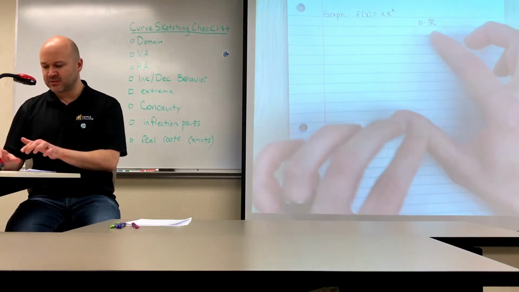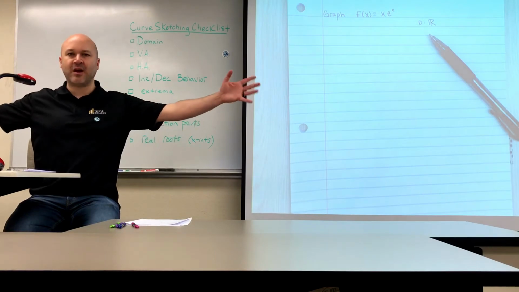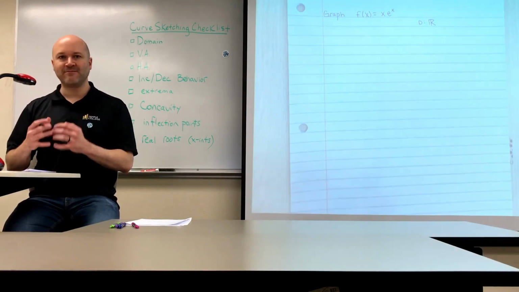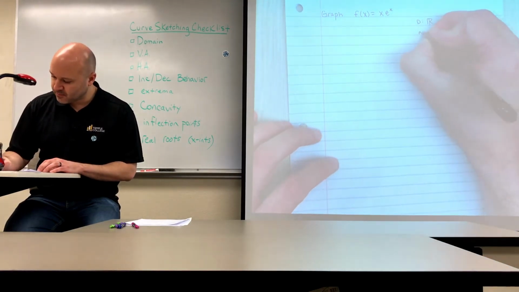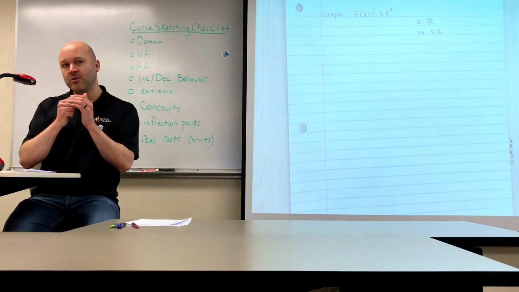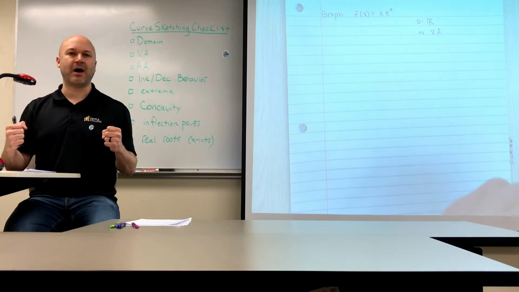But this function has no domain restrictions, and it's going to stretch left and right forever. So I can already tell there's no vertical asymptotes, because there's no domain restrictions, and there's no stopping spot on the function.